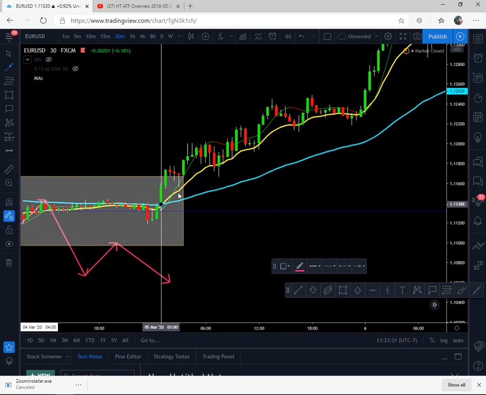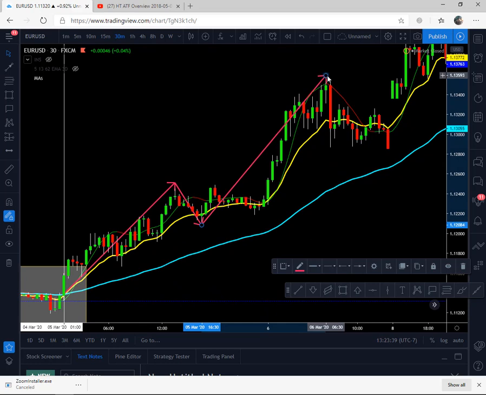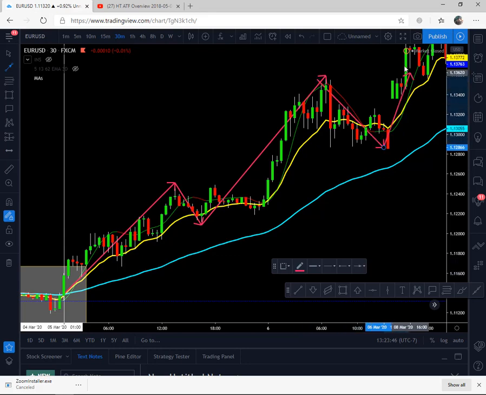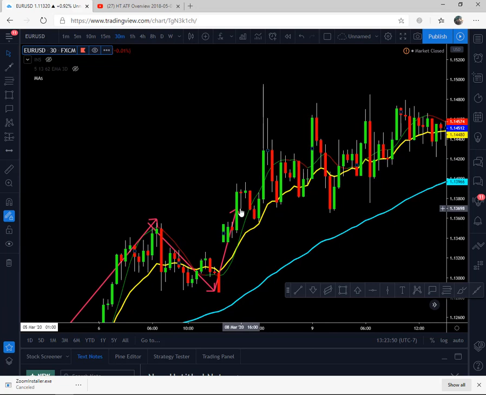Therefore, it's a good confirmation for getting long positions again. Price just kept on doing higher highs.